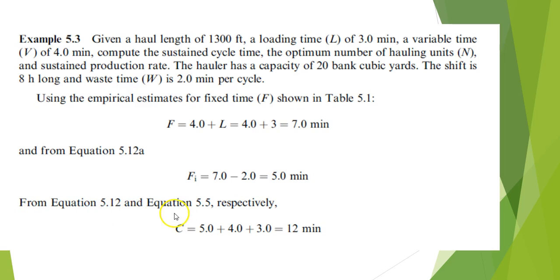So then we can go ahead and calculate C, which is the 5 minutes, plus the 4 minutes of variable time. So you've got fixed time and variable time. Then you've got 3 minutes of loading time. So it tells you that total cycle time is 12 minutes.